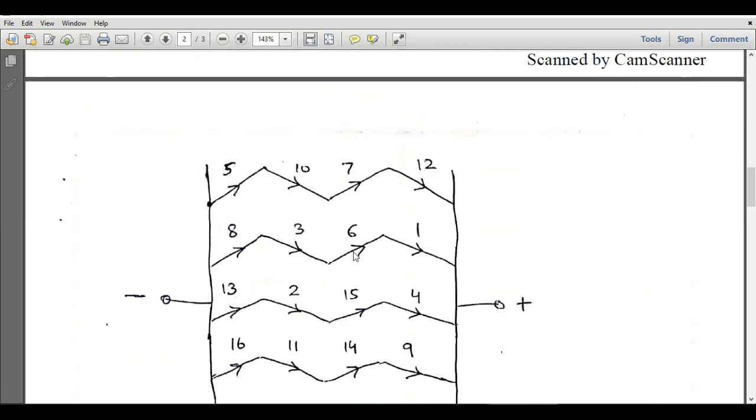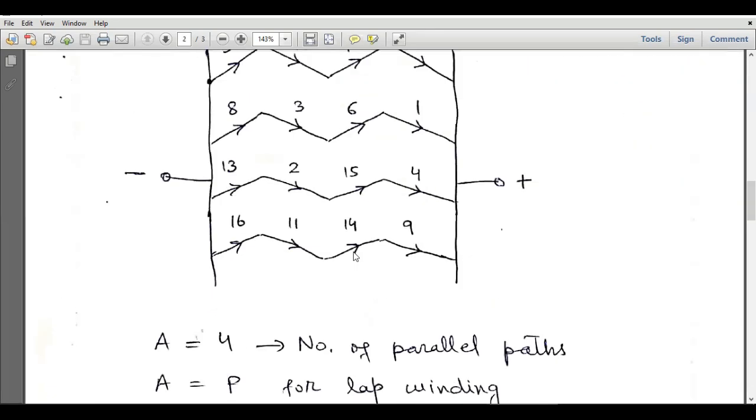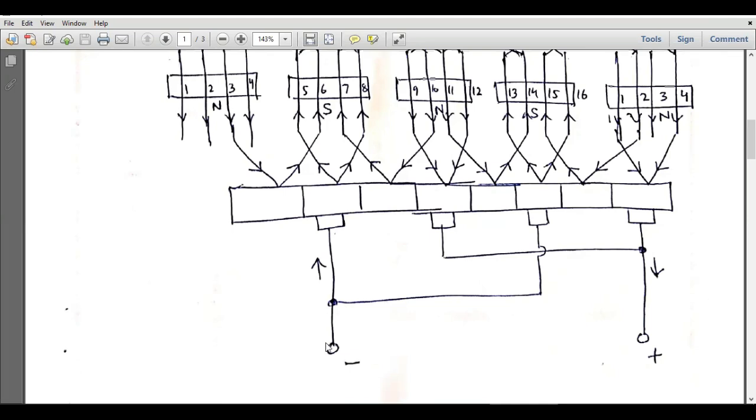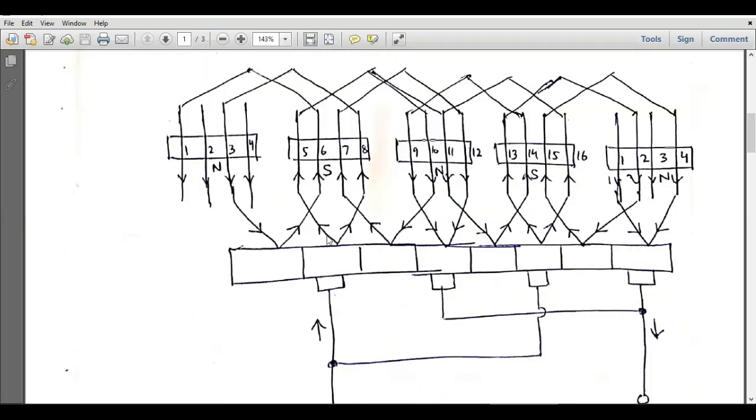And now we will have to examine the number of parallel paths, right? The number of parallel paths can be evaluated by going from the negative terminal to the positive terminal of the DC generator. So this is the negative terminal, and from here you can start counting the number of slots. So let's see, we have started from this conductor.